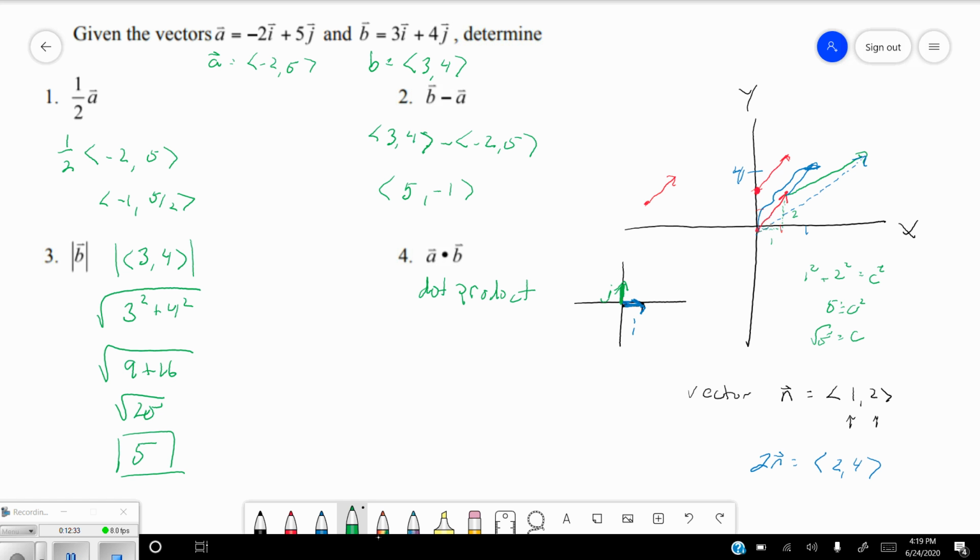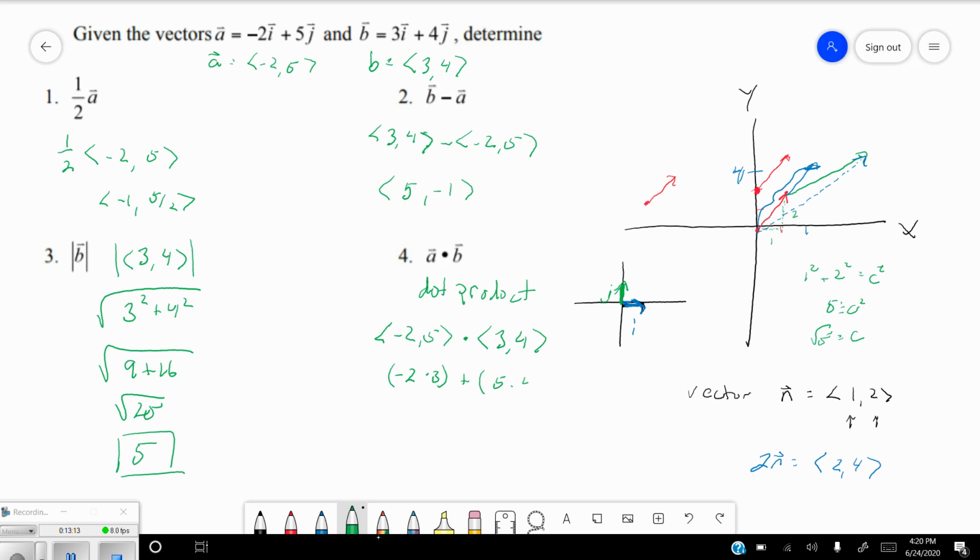The dot product says you're going to take the x components and the y components and multiply them individually, but then add them together. So let me show you real quick what I mean. This is going to be negative 2, 5, that's A, dotted with 3, 4. What that really means is I take the two x components and multiply them, so that's negative 2 times 3, and then I add that to the multiplication of the two y components, 5 times 4.